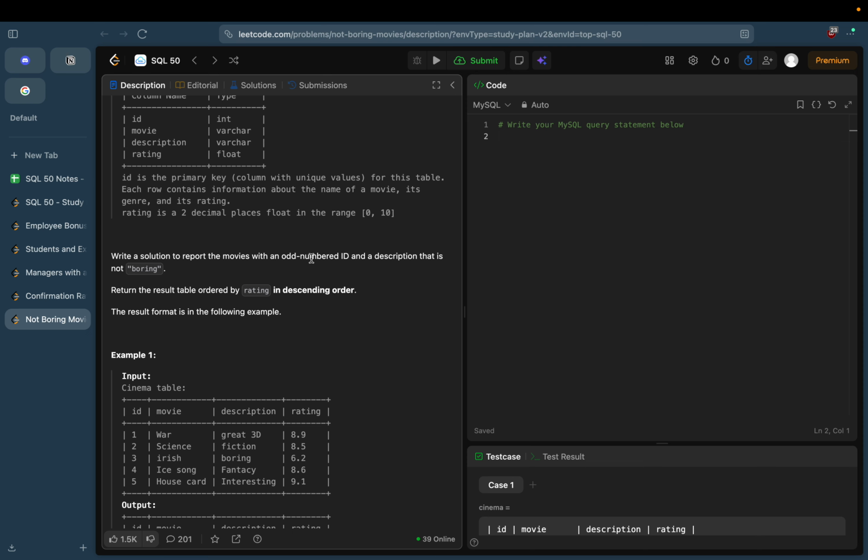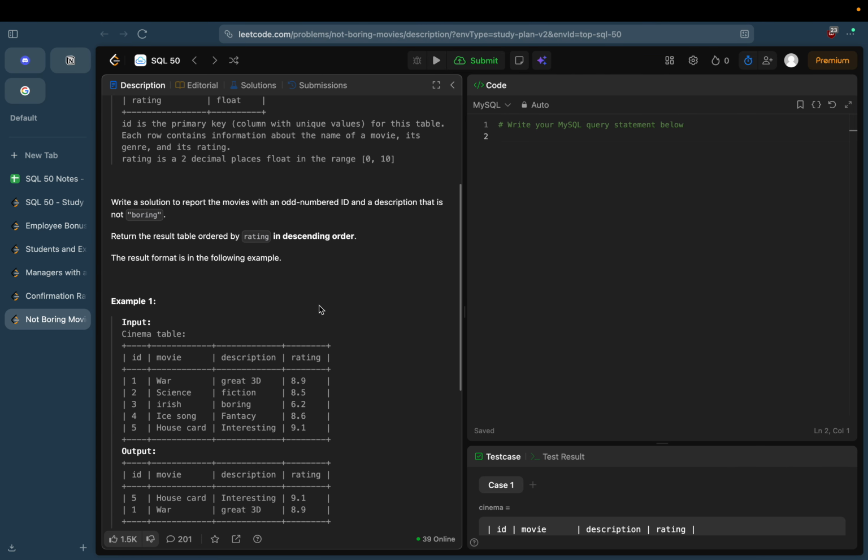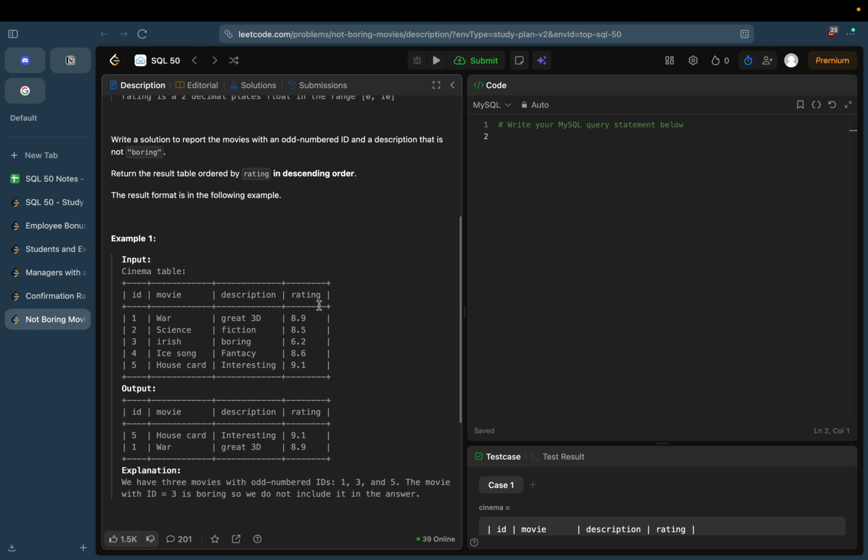And a description that is not boring. So we'll have to see if both of these conditions are satisfied and return all these. Return the result table ordered by rating in descending order. Finally, we'll be using a descending sort in order by.